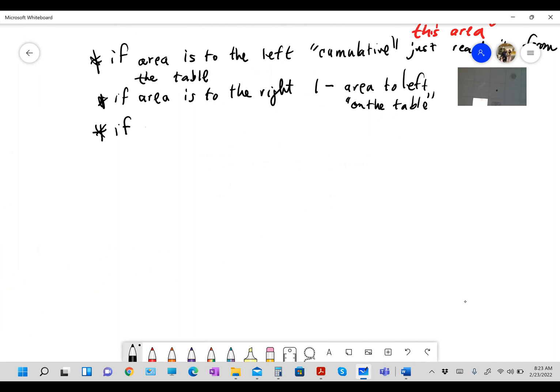If you want the area in between, I'll put it here.